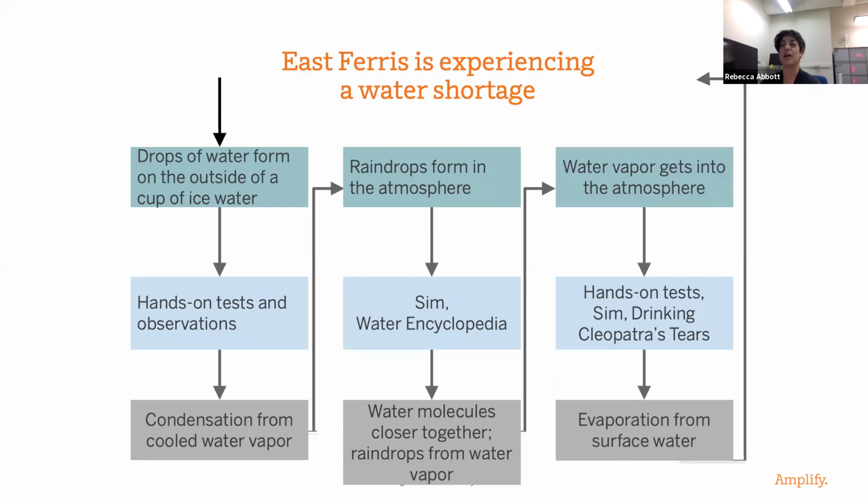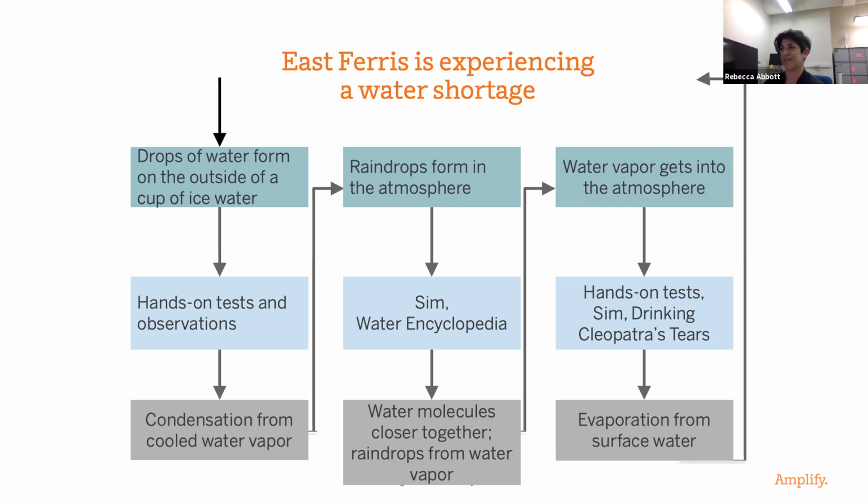And that launched us into thinking about raindrops and how that connects. Oh wait, there's that same idea of it being cold, that we took on this other phenomena where raindrops form in the atmosphere. We gathered evidence from the sim, from the water encyclopedia again, that when water molecules get closer together, they form raindrops. When enough raindrops form, the rain falls.